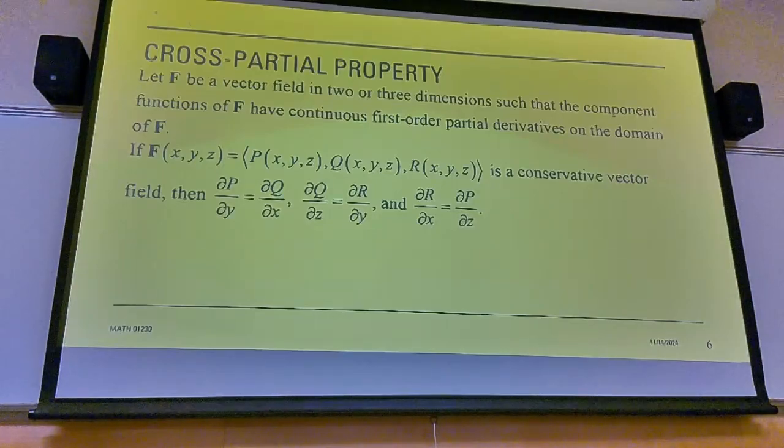And in fact, these are if and only if statements. So if the cross partials are equal, it's conservative. That gives us our test. If you're given a vector field to determine if it's conservative, take the cross partials and see if they match. If they do, it's conservative and thus would have a potential. If not, then it's not conservative and no such potential would exist.